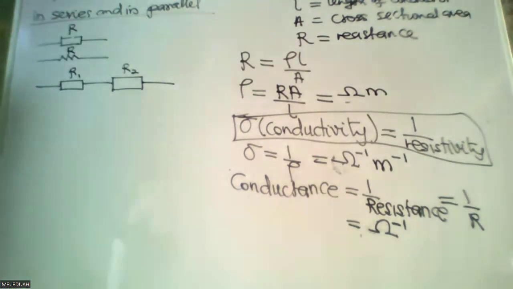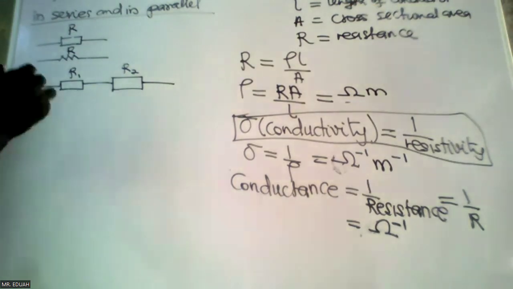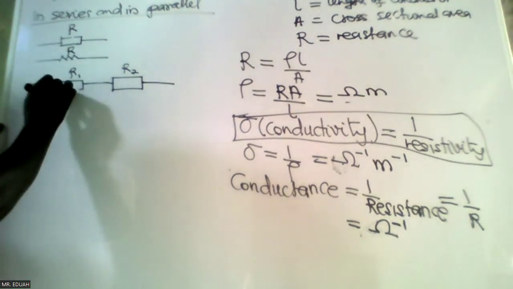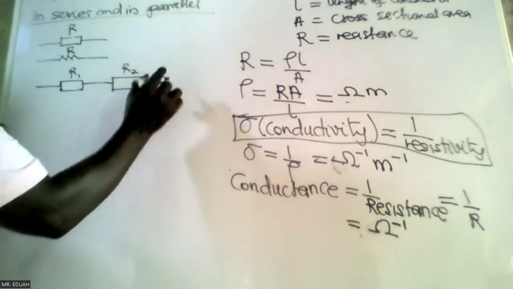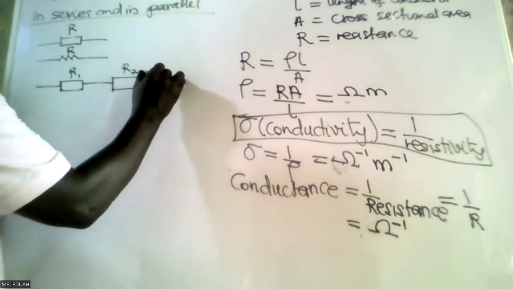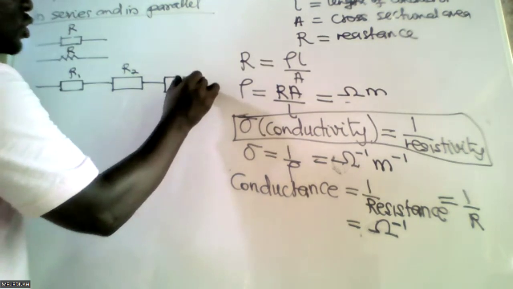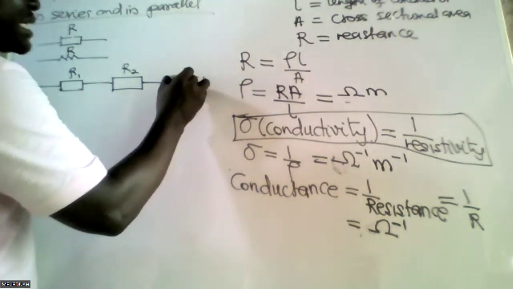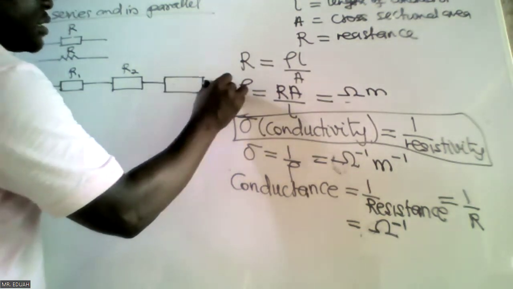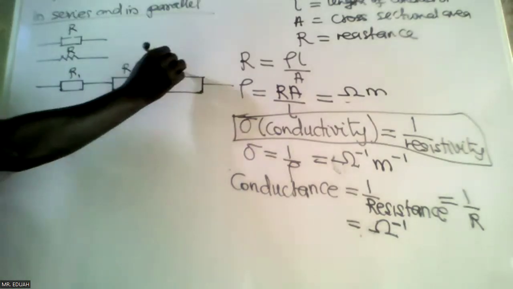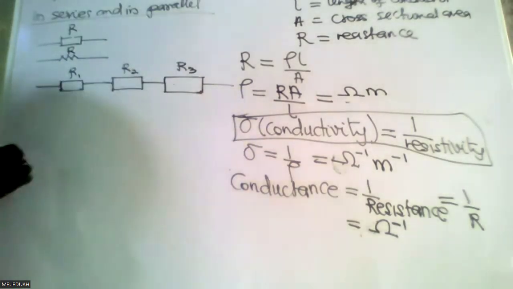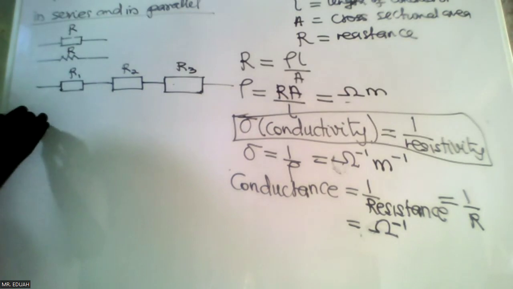If I have to show three resistors connected in series, all that I do is to join another one. So these are three resistors connected in series, R3. Another way of doing the same thing is this.